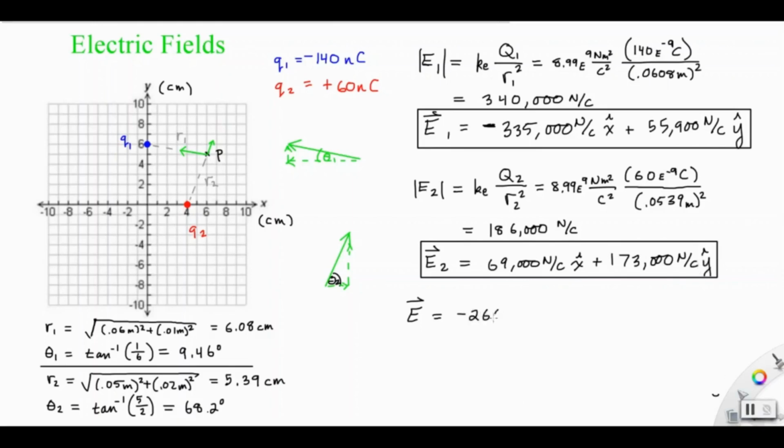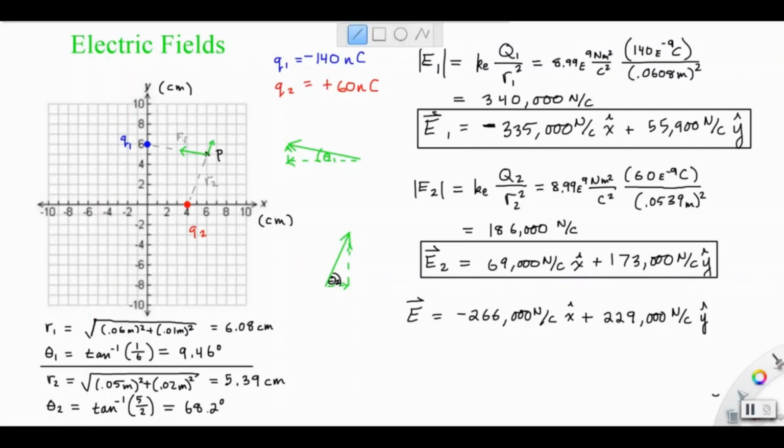Negative 266,000 newtons per coulomb in the x-hat direction, plus 229,000 newtons per coulomb in the y-hat direction after correctly adding sig figs. So that should give us a triangle that represents, let's go ahead and add vectorially, graphically, tip to tail.